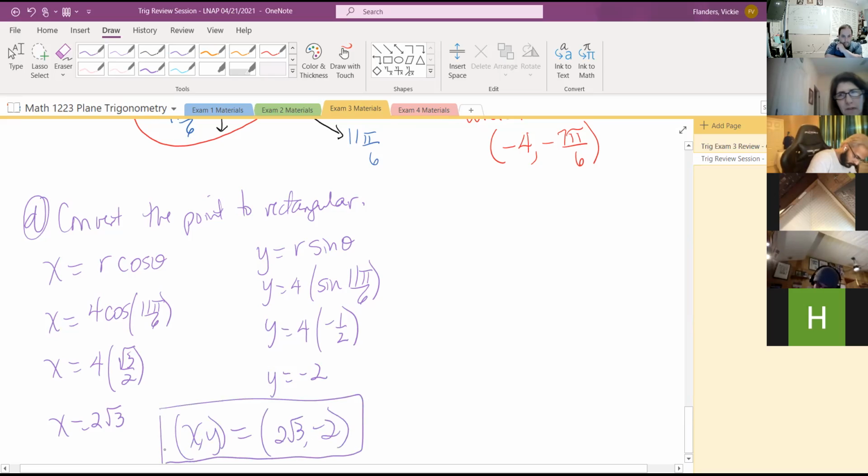And 2 square root of 3 is approximately what? 3.46. Let's see, 2 times square root of 3. You get 3.5. Yeah, so about 3.5. Okay. If you go back to your GeoGebra. Yeah, I pulled it back up. Okay.